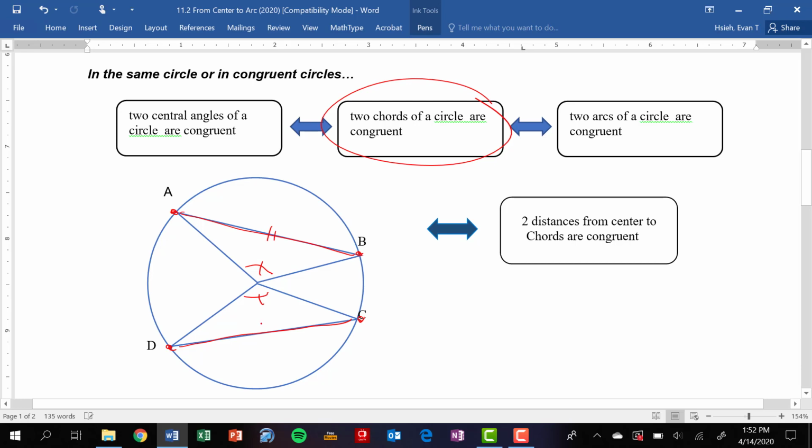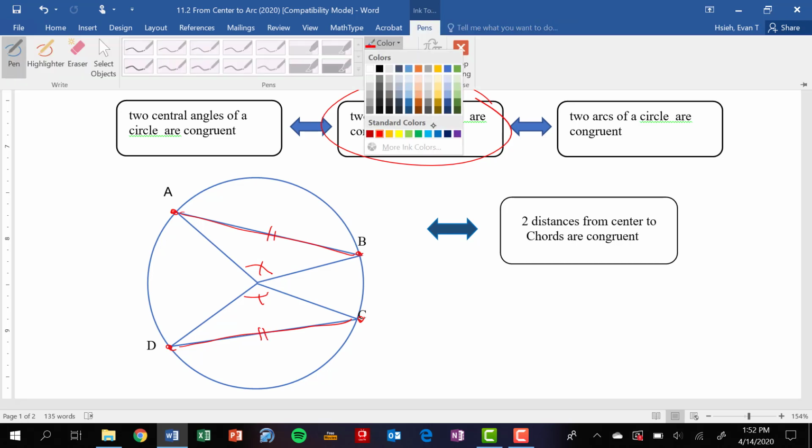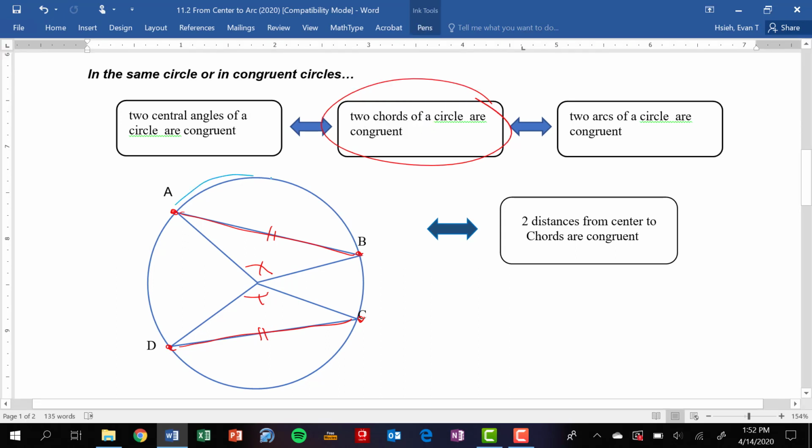So if the central angles are congruent, then the chords are congruent. And if the chords are congruent, then I know that the arcs that join the endpoints of the chords are congruent to each other.